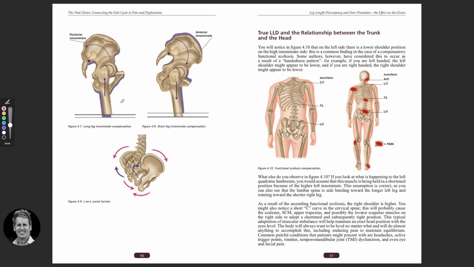Okay, so let me just explain again. So with a long leg, true long leg, it tries to make itself look shorter by posteriorizing the left innominate, and on the short leg side, it tries to anteriorize the innominate, which is not normal. Okay, this is not normal either, because typically, if we have this is the sacrum here, okay?